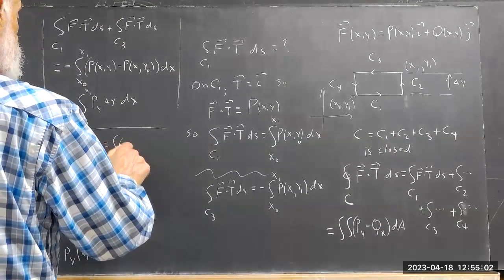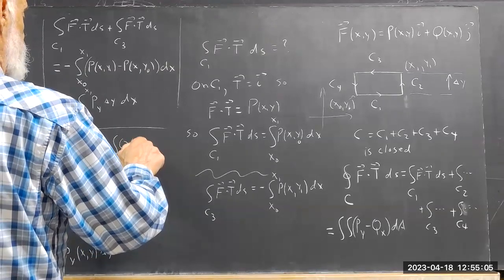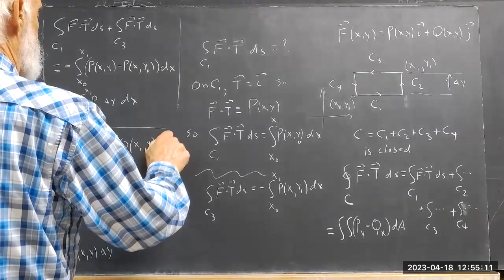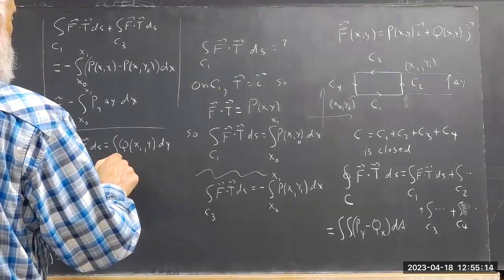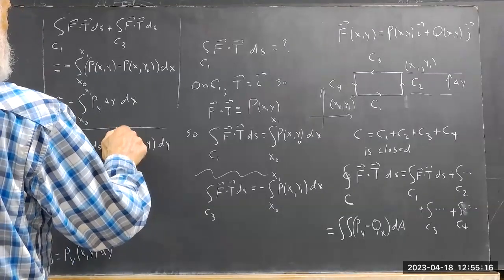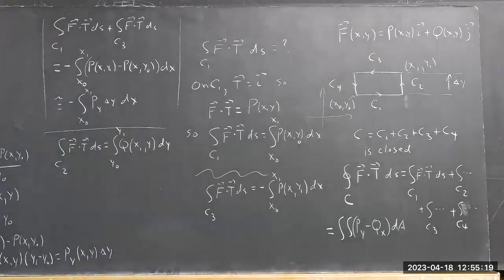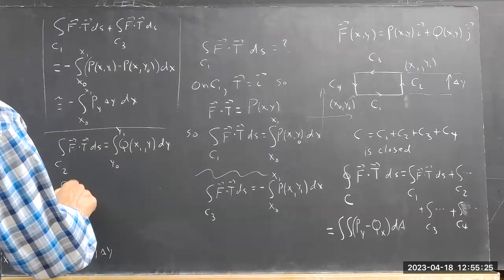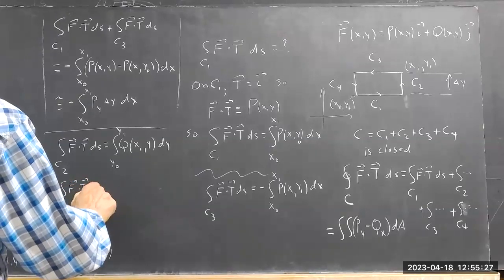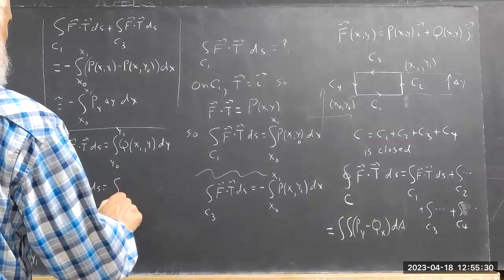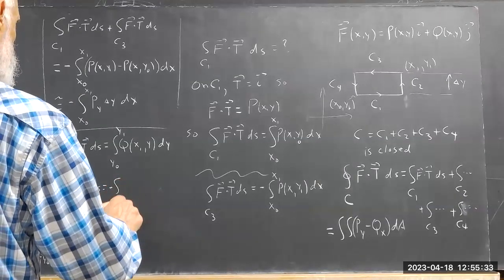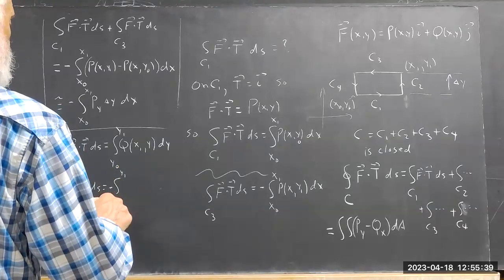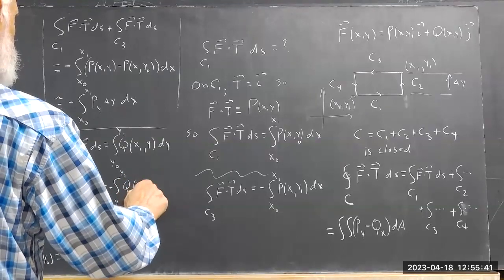So it'd be the integral of q of x1, y dy from y0 to y1. And the integral over C4 would be a negative integral from y0 to y1 of q of x0, y.